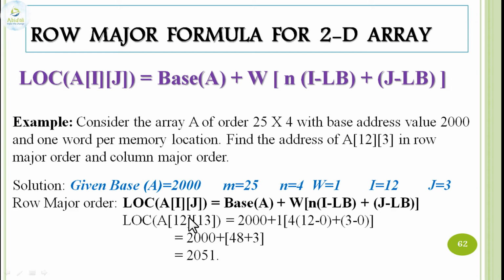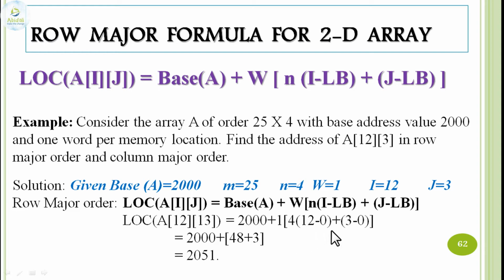Take the formula and place all the values. Location of A of 12 and 3 is equal to 2000 plus 1 multiplied by N, which is 4, times 12 minus 0, plus 3 minus 0, because the lower bound will always be 0.